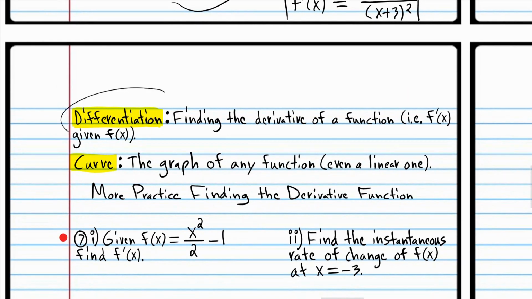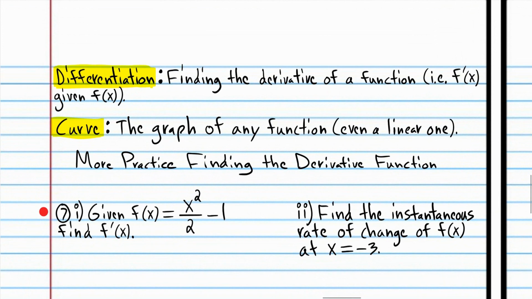So that's an important word that we're going to use in calculus. It's also useful to note that in the study of calculus, we call any graph a curve, even if the graph is not curved. Even if we have a line, we just refer to the graph of the function as a curve, so just be aware of that.